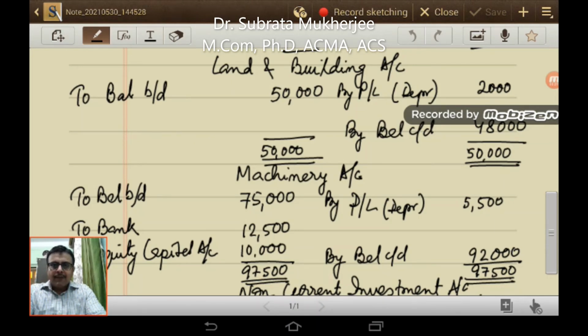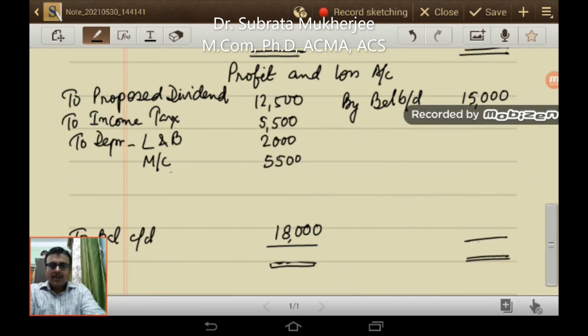And the balancing figure of the land and building account, rupees 2,000, is the amount of depreciation. So both this depreciation I will record in the profit and loss account. So in the profit and loss account, to depreciation on land and building rupees 2,000 and on machinery rupees 5,500. So I have recorded all the transactions given in the additional information.